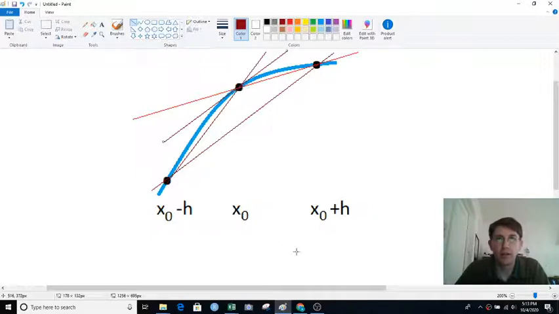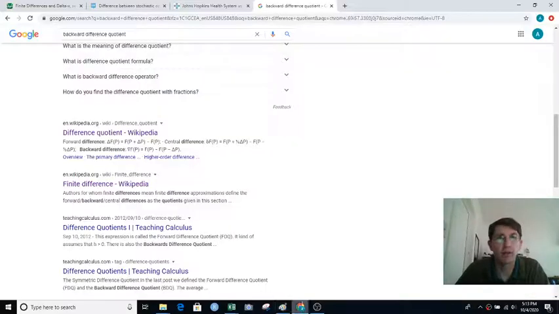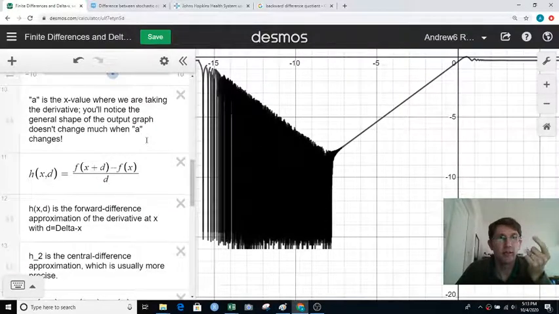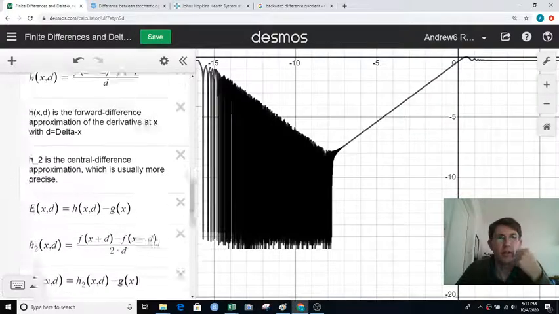Let's see how much better it is. Remember, I have that graph that shows us, as you decrease delta x, so delta x of 10 to the negative 5, 10 to the negative 10, how much error do you get in our derivative approximation? This black curve was using the forward difference. You can see that right here, that's forward difference.